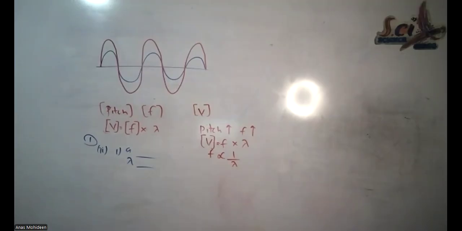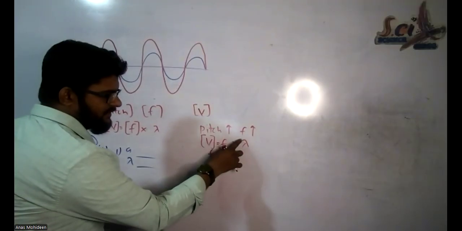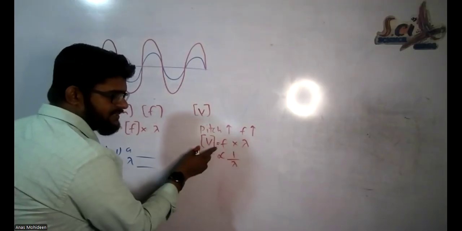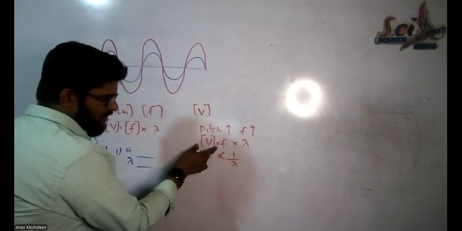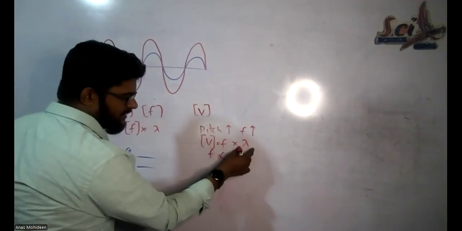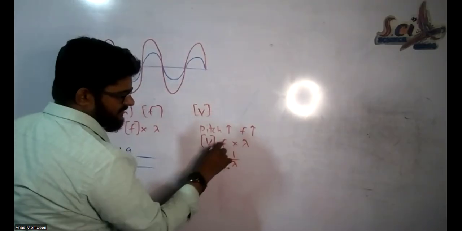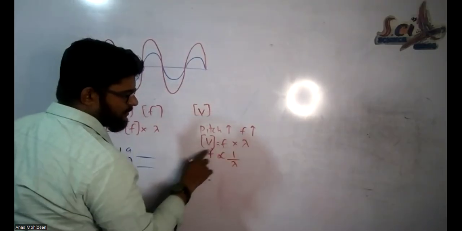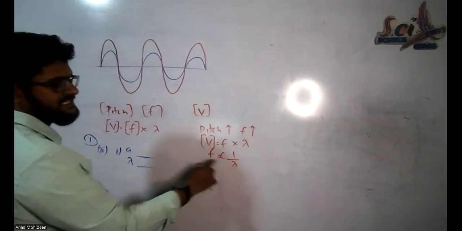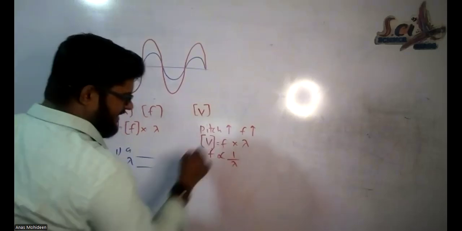That means inversely proportional. If you increase the frequency, wavelength decreases; when you decrease the frequency, wavelength increases. So this is inversely proportional.